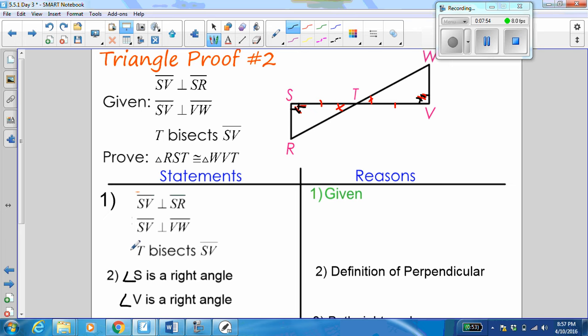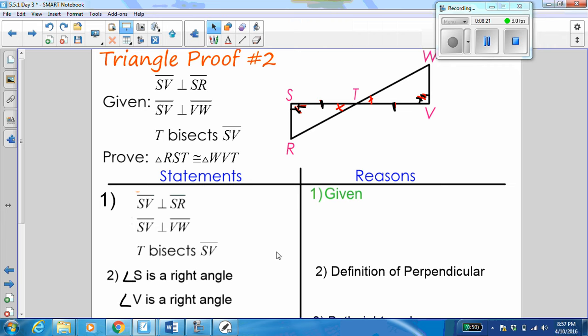So now I'm going to look at the second thing that our given information told us, that T bisects line segment SV. So the fact that T bisects line segment SV means T is the midpoint, meaning that line segment SV is being chopped into two congruent segments. So I can now conclude that line segment ST is congruent to line segment TV, because that's the definition of a segment bisector.